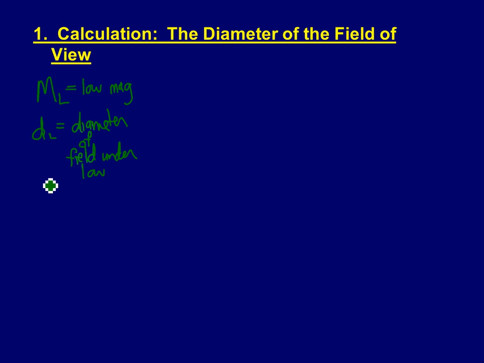So if I have a circle here representing my low, the diameter across that field is DL, the diameter under low. And its magnification under low is times 40.